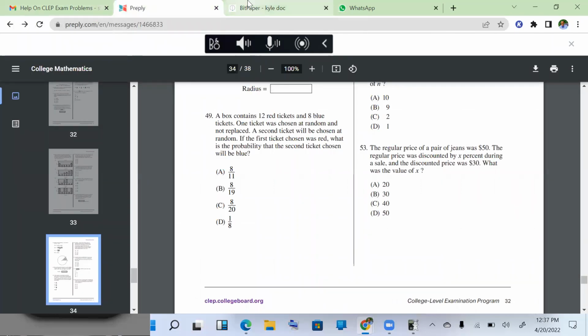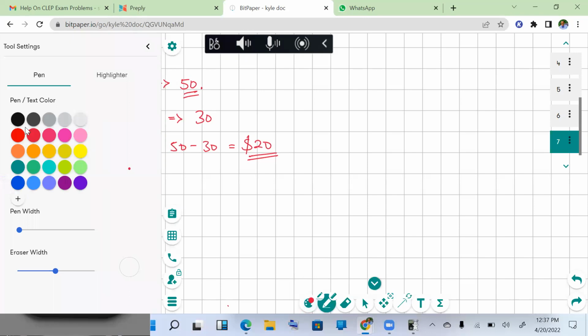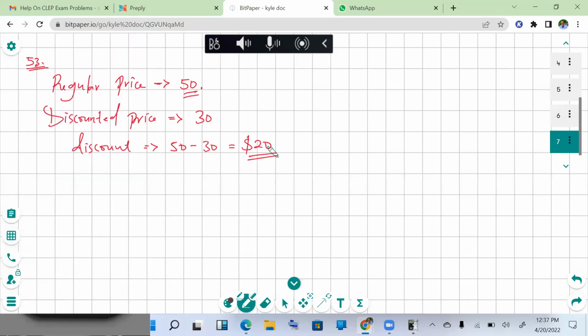Okay. So what is the discount? 50 minus 30. This is 20 bucks is the discount. So what we need to do is express this 20 bucks as a fraction of 50. We take the discount, which is 20 bucks, we express it as a fraction of 50, and we convert this to a percentage.